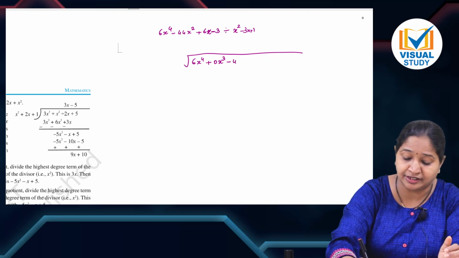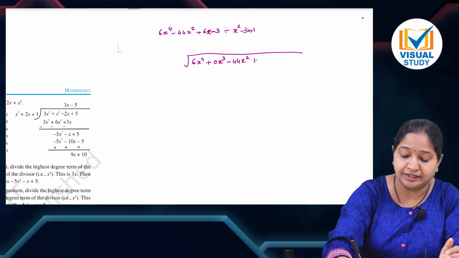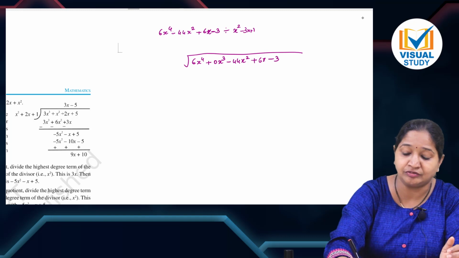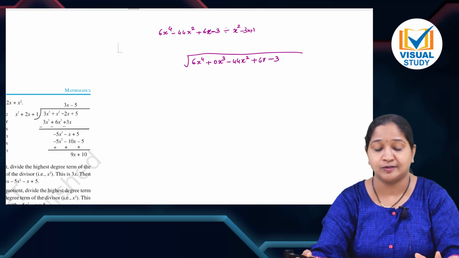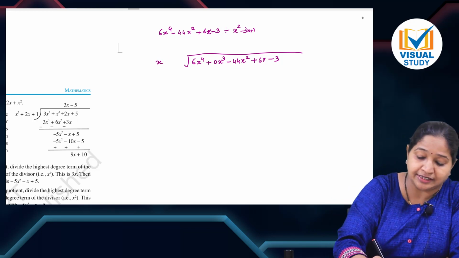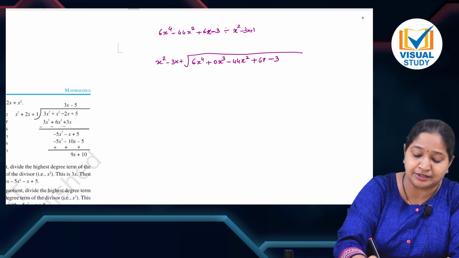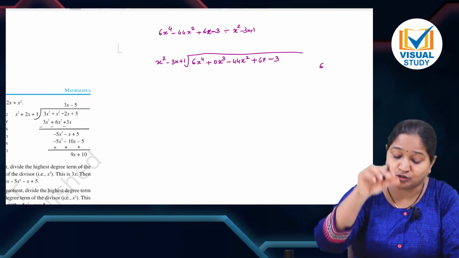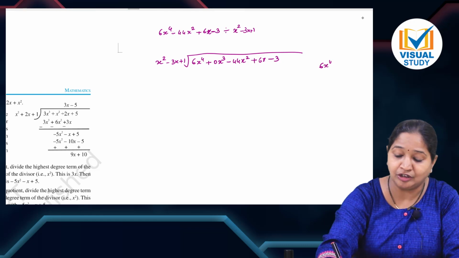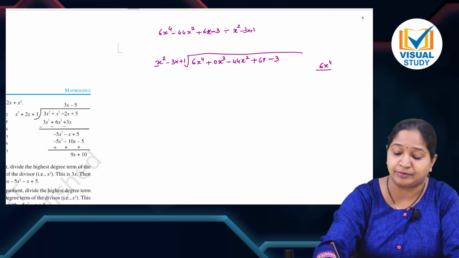Then you have 44x square, then you have 6x, and then you have minus 3. See here, 4, 3, 2, 1 and 0. What you have to divide by is x square minus 3x plus 1. Now again the same method. For getting 6x raised to 4, you have to divide by this x square.